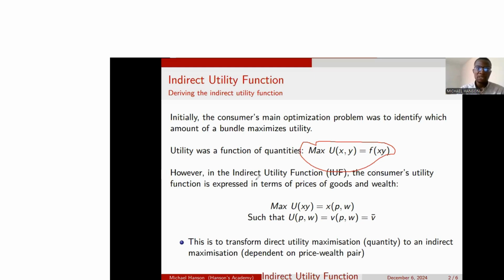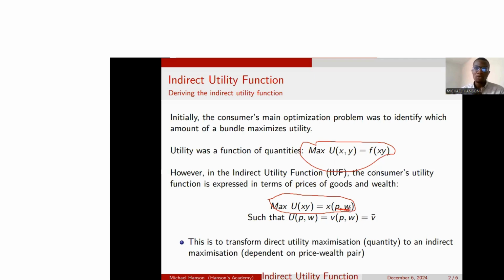But in the indirect utility function, the consumer is going to maximize his satisfaction based on the prices of the commodities, as well as the wealth of the consumer. So the sharp contrast is that for the direct utility, the consumer maximizes his satisfaction based on the quantities of X and Y. But with the indirect utility, the consumer maximizes his satisfaction based on the prices and the wealth.